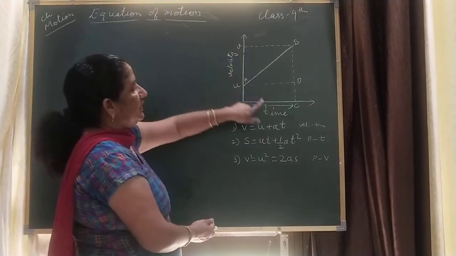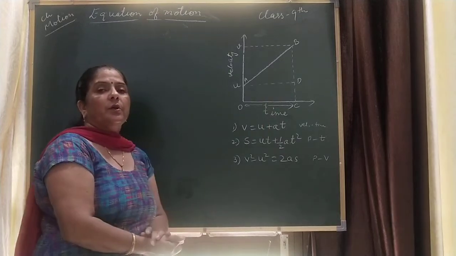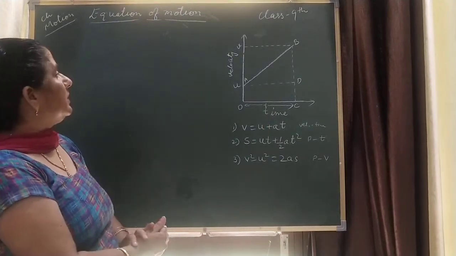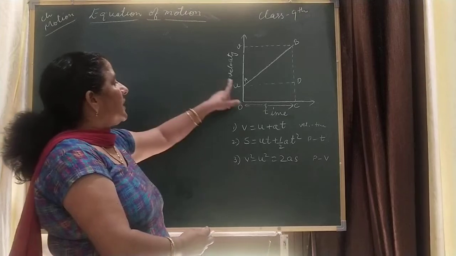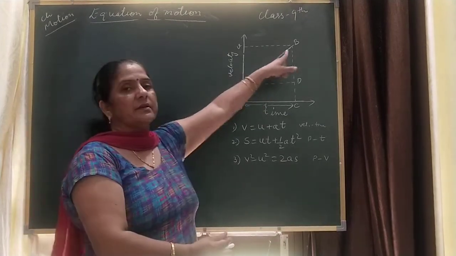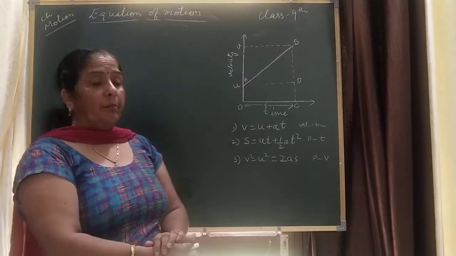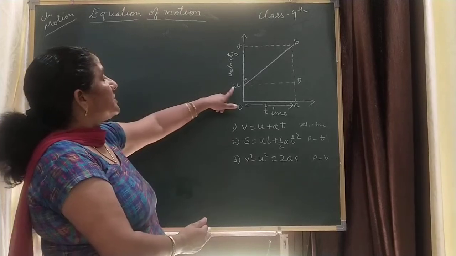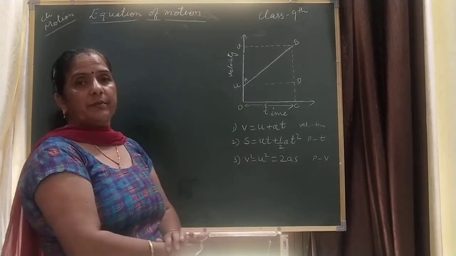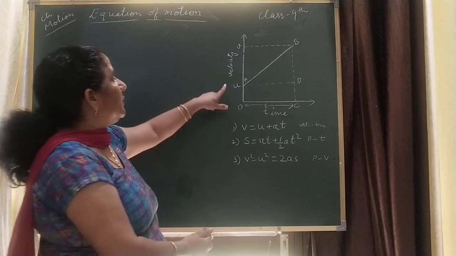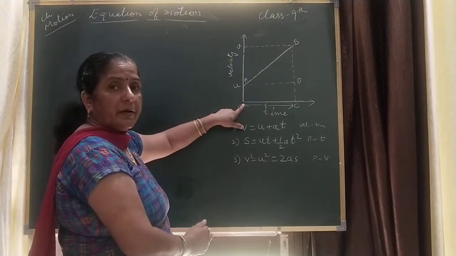This is the velocity time graph for uniform acceleration. You know the velocity time graph for uniform acceleration is a straight line. But here the straight line is not passing through the origin, which means initially the body is not at rest.